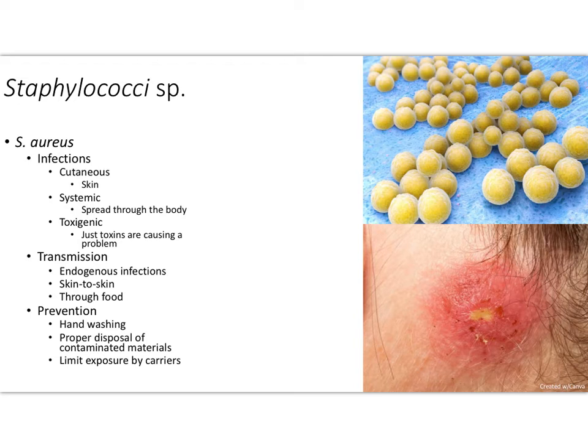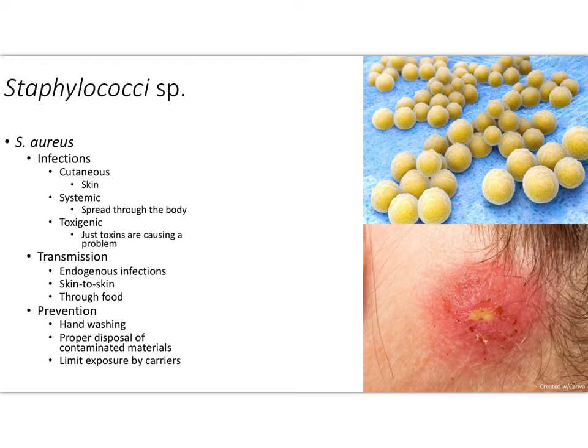So some bacteria can only grow in our skin, or only grow in our lungs, or only grow in our stomach, etc., or our intestines or whatever, and they're kind of isolated to there, so they can't spread too far. Staph is not like that though. Staph will grow anywhere in your body that it can get a hold of, basically.